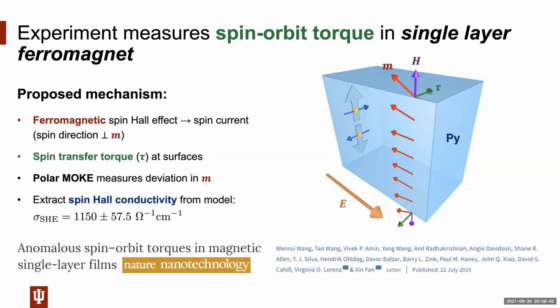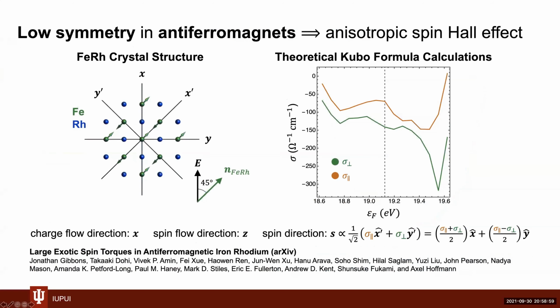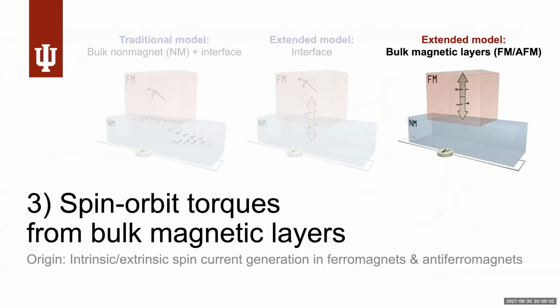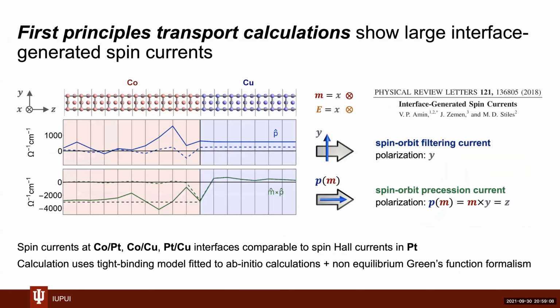Just one more question I had was about the interfacial torque that you had predicted. So this spin-orbit filtering and spin-orbit precession current. This is going to have a spin polarization which is either Z or Y. So Y is the standard Rashba kind of polarization, right?